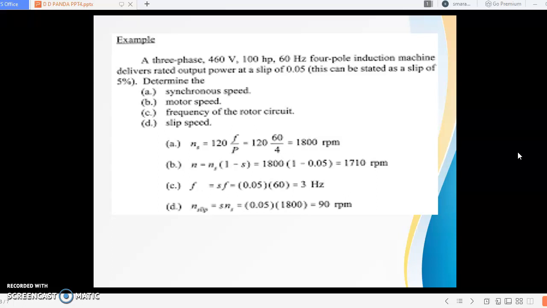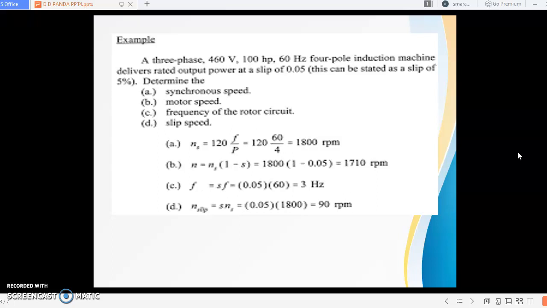Now, what are the values we have to determine? First, we have to determine the synchronous speed. Then, we have to also determine the speed of the motor. Next, we have to calculate the frequency of the rotor circuit, or the frequency of the rotor current.